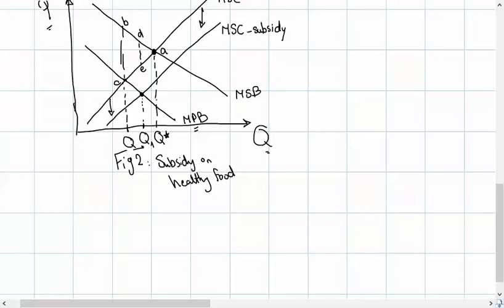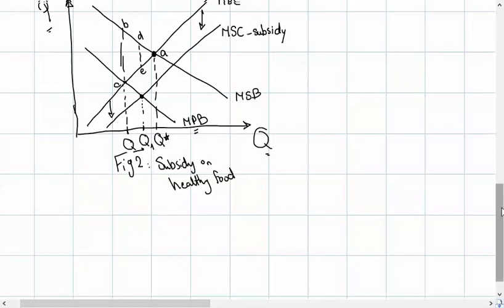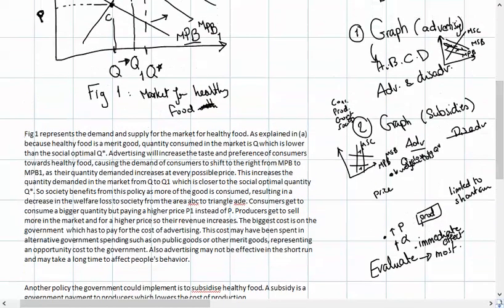Sometimes it can shift a little bit more than Q star, and they're all perfectly correct answers, and they all demonstrate parts of the advantages and disadvantages of a subsidy, one of which I did not mention in the outline above. The disadvantage of a subsidy is that it may be hard to estimate.